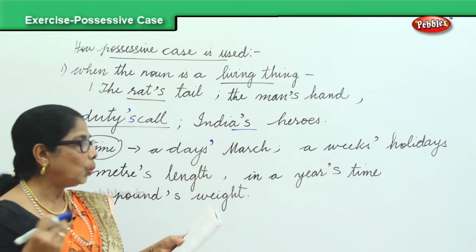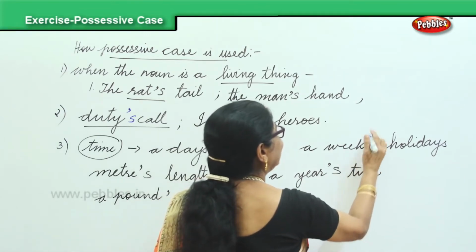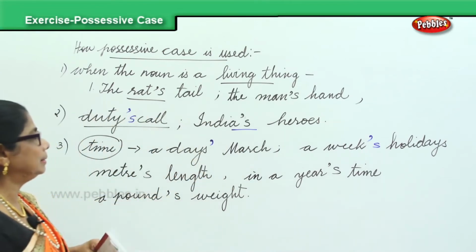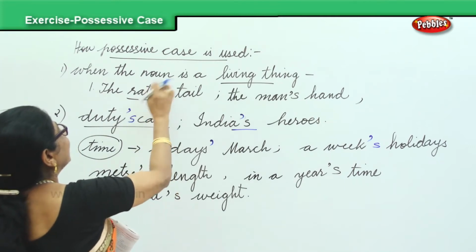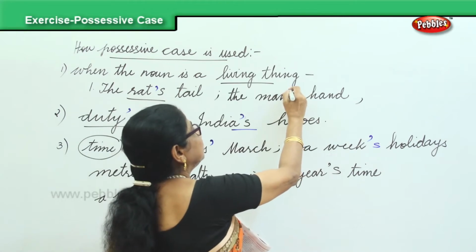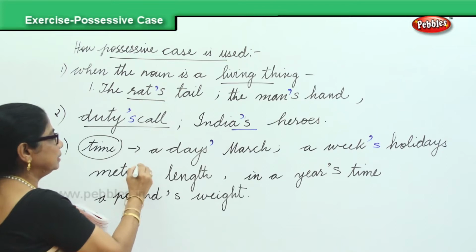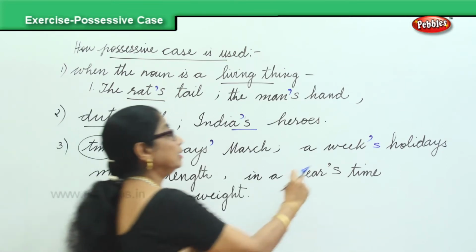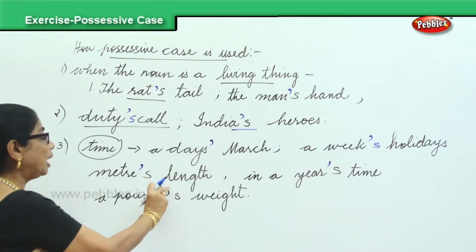When you talk about a week's holiday, then you write the week, then the apostrophe, and then S. Then you say here, India's, rat's, man's. Now, when you talk about time, meter's length. In a year's time. Then we have a pound's weight.